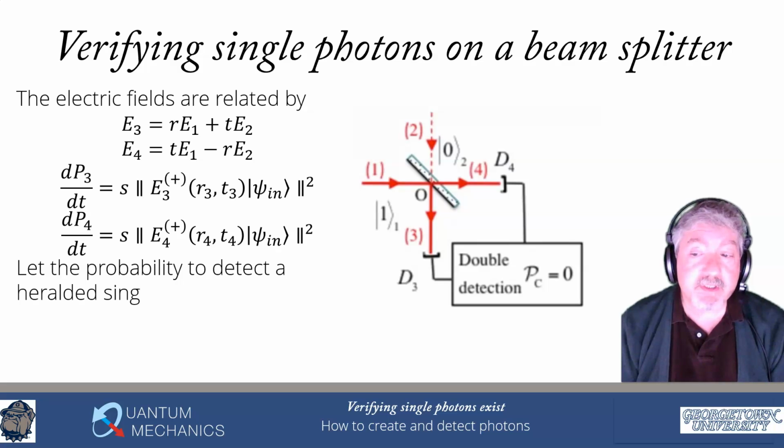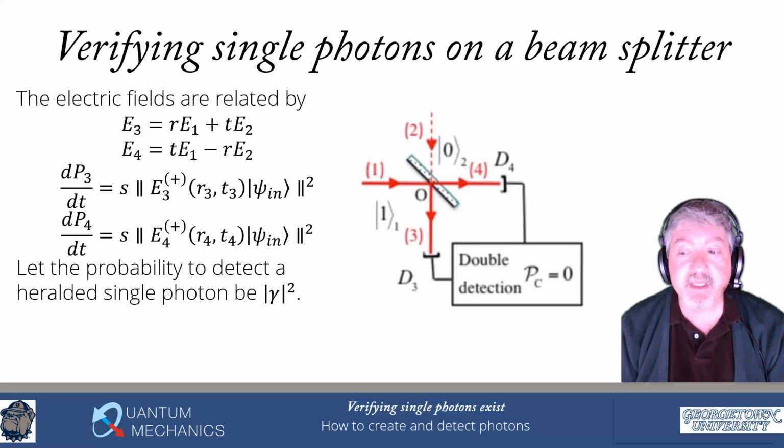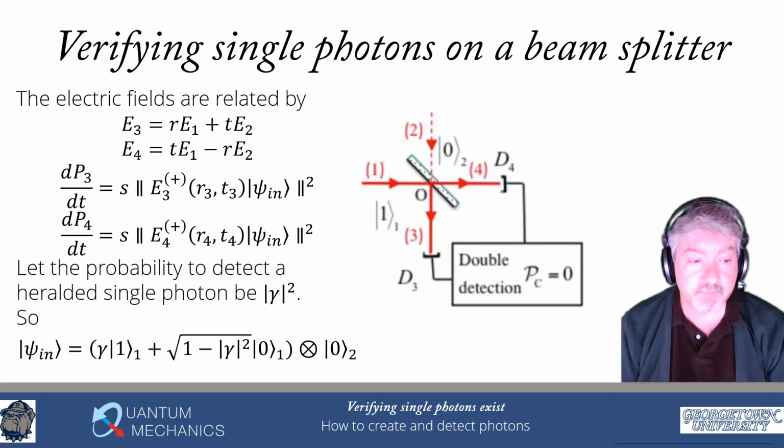Now, of course, not every heralded photon is actually able to be detected. So let's say that the probability to detect a heralded single photon is modulus gamma squared. What this means is if a heralded photon is emitted, for me to detect the heralded photon, to know that the next photon is coming, the probability that I'm going to be able to do that is modulus gamma squared.